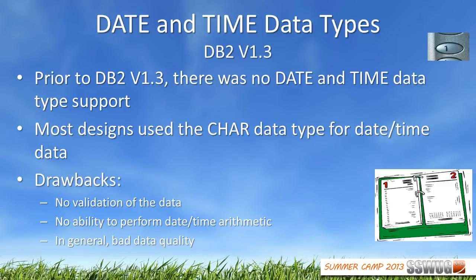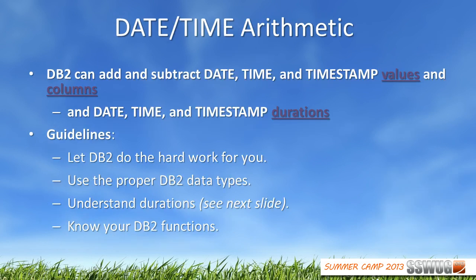And I've got this boilerplate text and it says you shouldn't have done that and here's why, and I talk through what I just talked through, and then I go and try and help them solve the problem. But my point there is that people today sometimes still design their systems as if version 1.3 didn't happen and there are no date and time columns available.